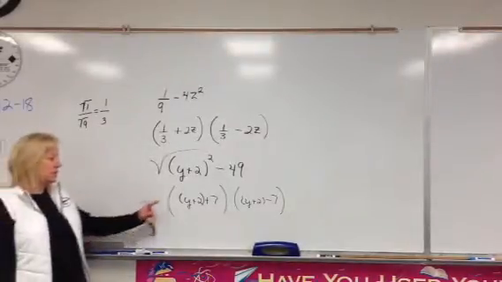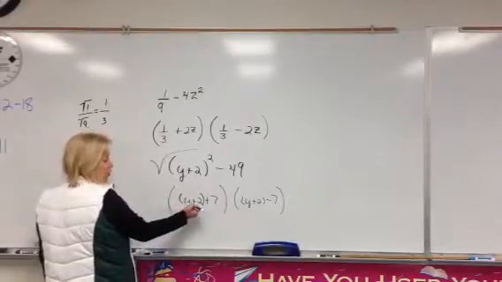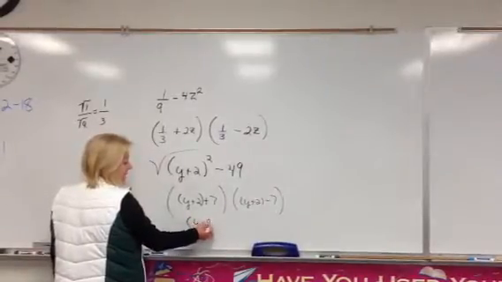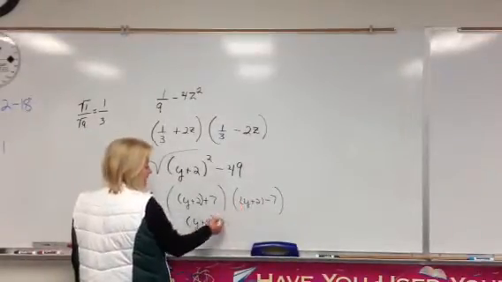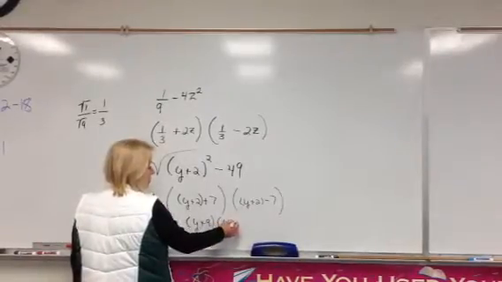I really don't need those parentheses in there. You need to do the math. What's 2 plus 7? So y plus 9, and what's 2 minus 7? Y minus 5.